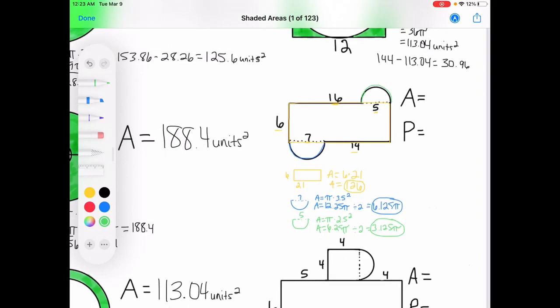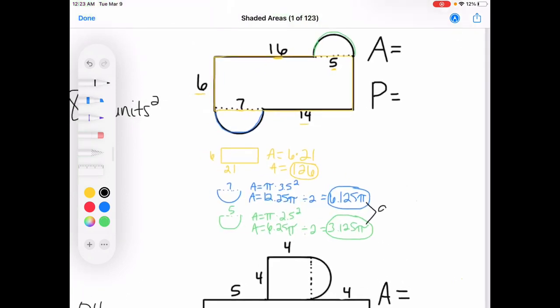So I have 6.125 plus 3.125, which tells me that this is a total of 9.25 pi. And I can go ahead and multiply that out. So 9.25 times 3.14 is 29.045.